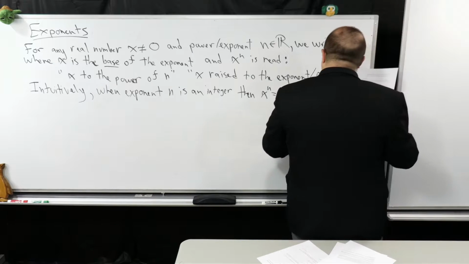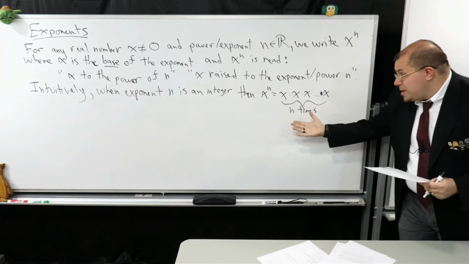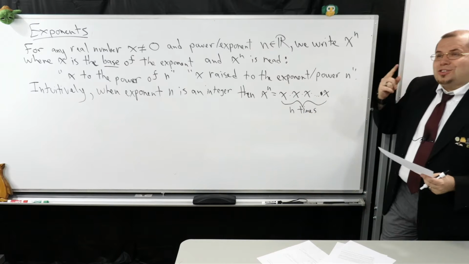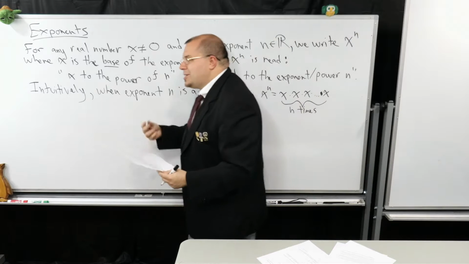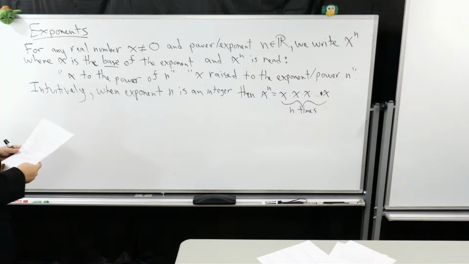So you could just think of it like a repeated multiplication. When you think about it as repeated multiplication like this, it's very intuitive, and a lot of properties about exponents make a lot more sense when you want to first convince yourself of things.